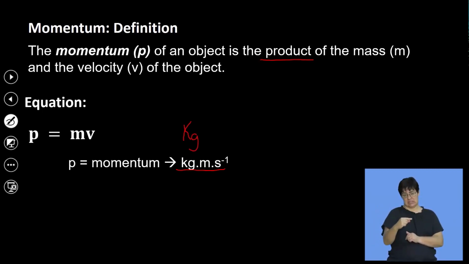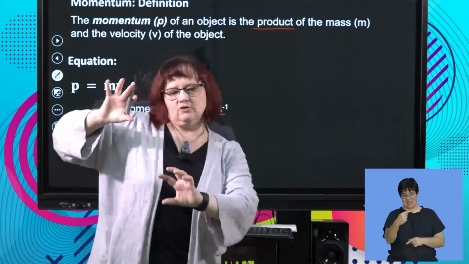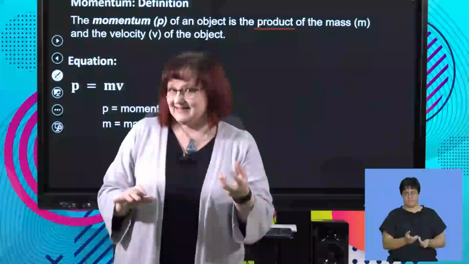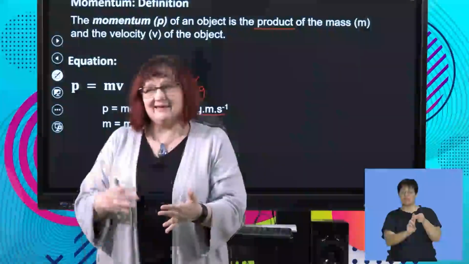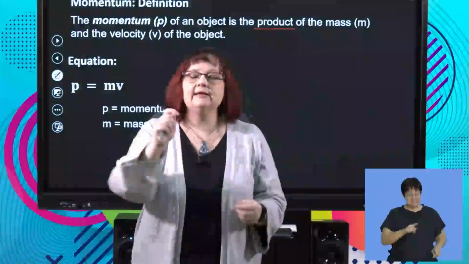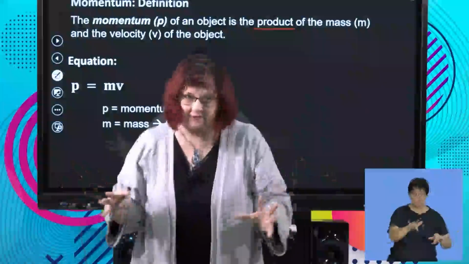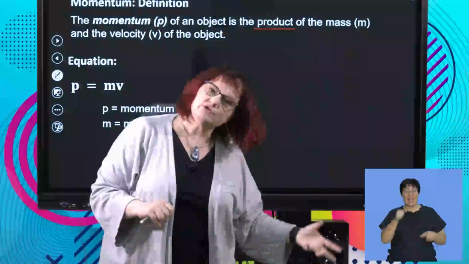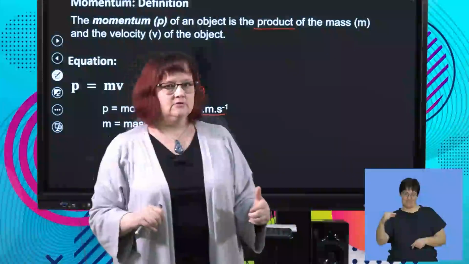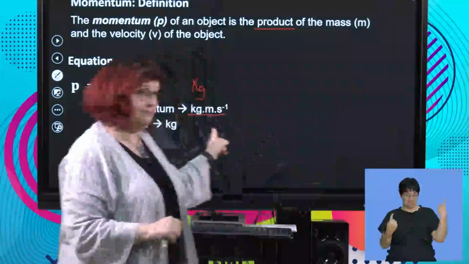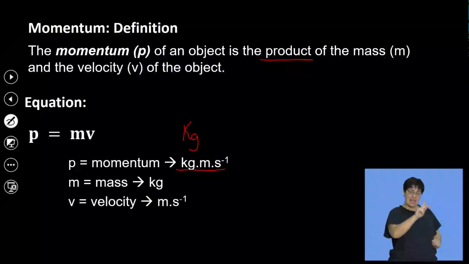M is mass measured in kilograms. This is a big one because we get a little confused sometimes. The SI unit for mass in physics is kilograms, because we're dealing with stuff we can see and touch and feel. In chemistry, it's grams. So be careful here. We must work in kilograms.